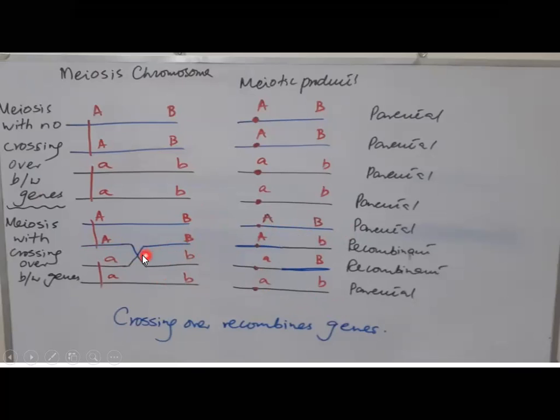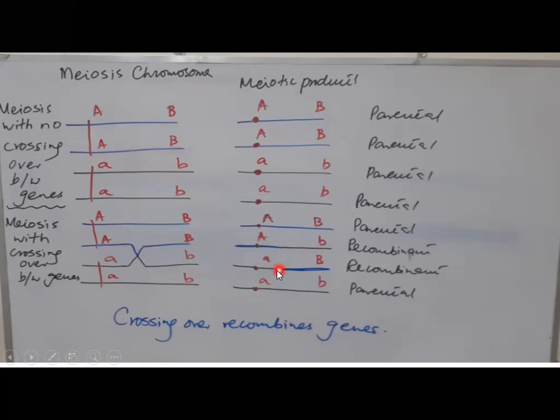But at this junction, at this bridge formation, this chiasmata formation, there will be the exchange of segments. They have exchanged their segments: capital A, small b, instead of capital A, capital B, and small a, capital B, instead of small a, small b.